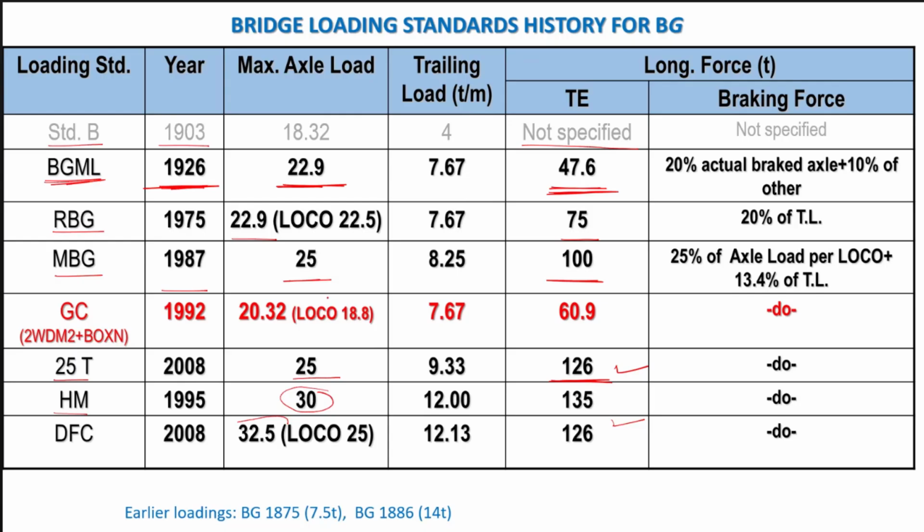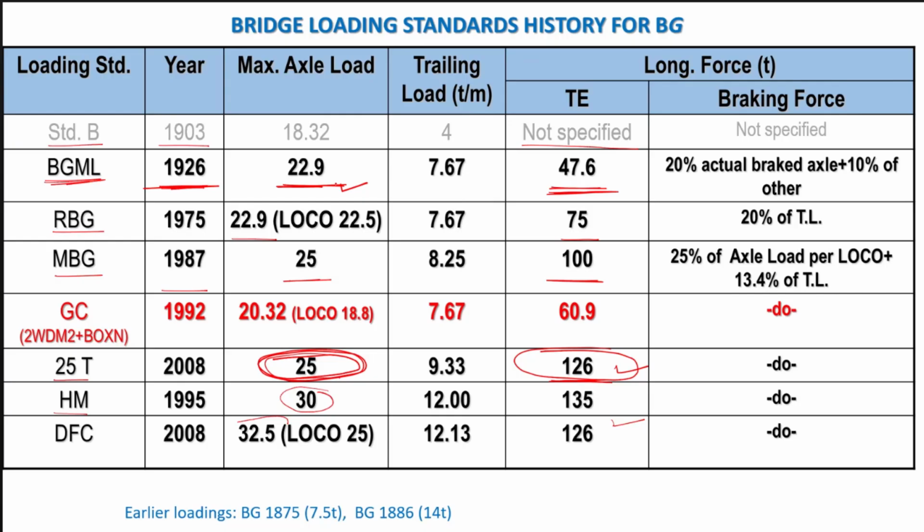So here the main important one for IR purposes is the 25 ton loading, where the axle load is 25 ton and tractive force is 126 ton. Among the bridges we are clearing, most, about 60%, are still on the BGML standard.